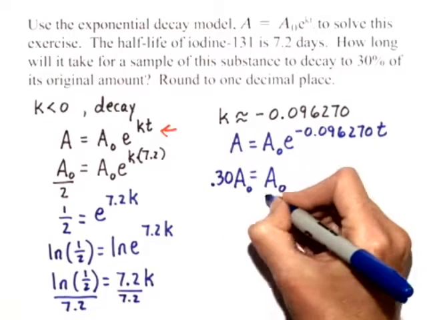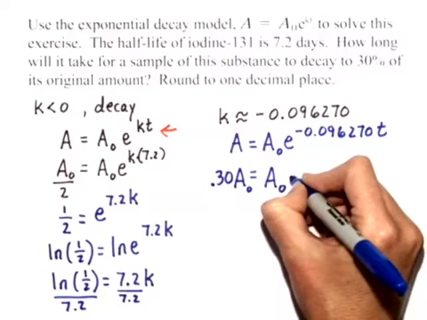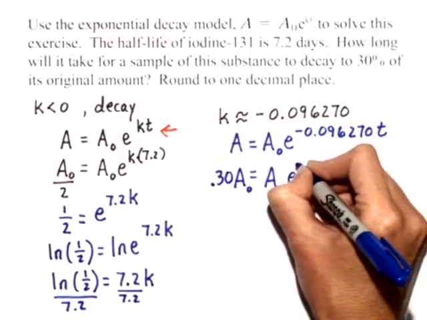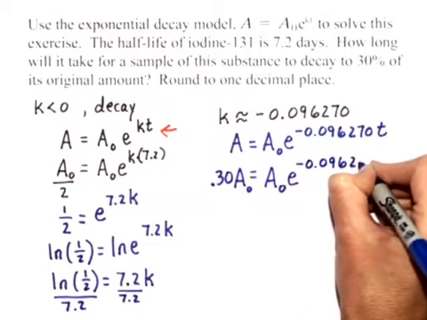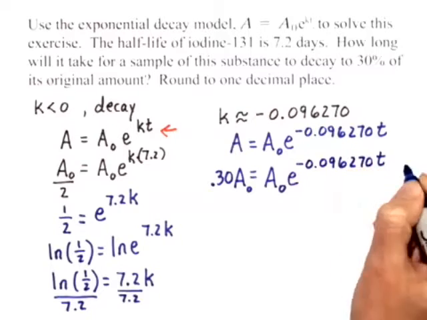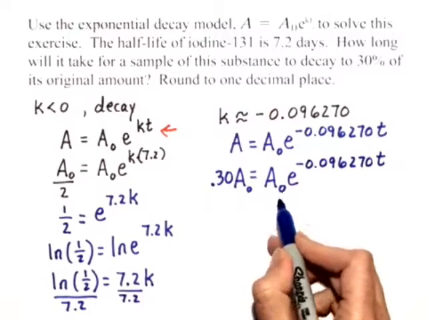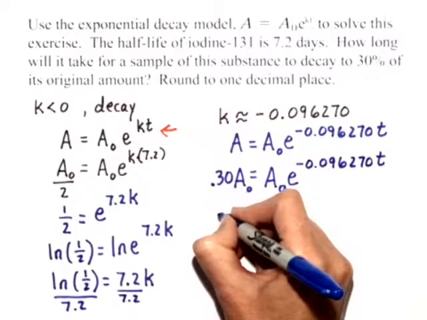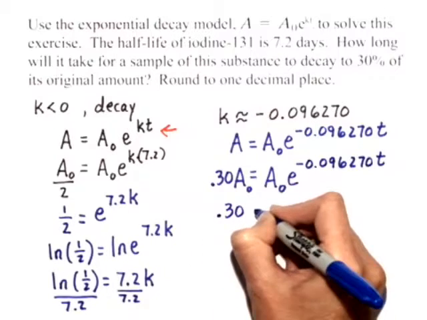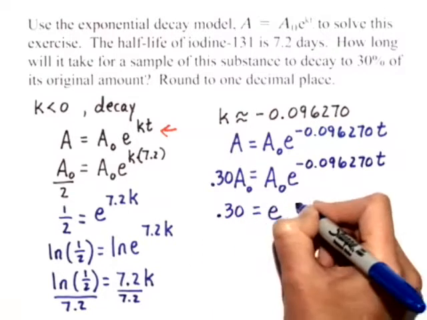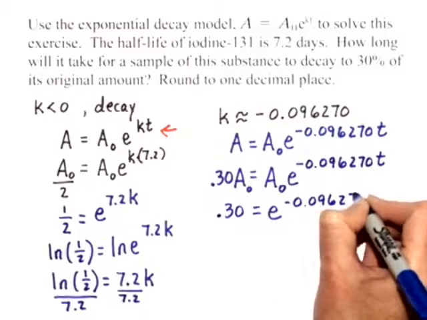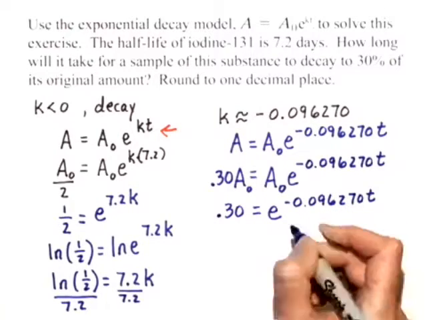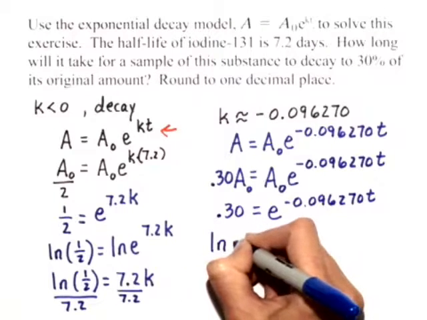So 0.30 A sub 0 equals A sub 0 e to the negative 0.096270t. We'll divide both sides by A sub 0 and end up with 0.30 equals e to the negative 0.096270t. We'll take the natural log of both sides.